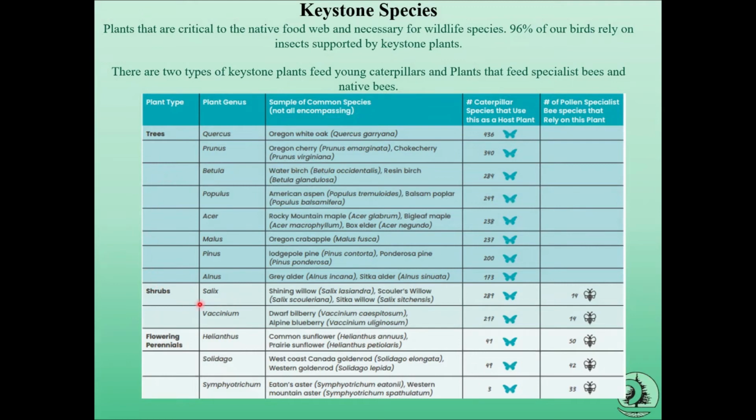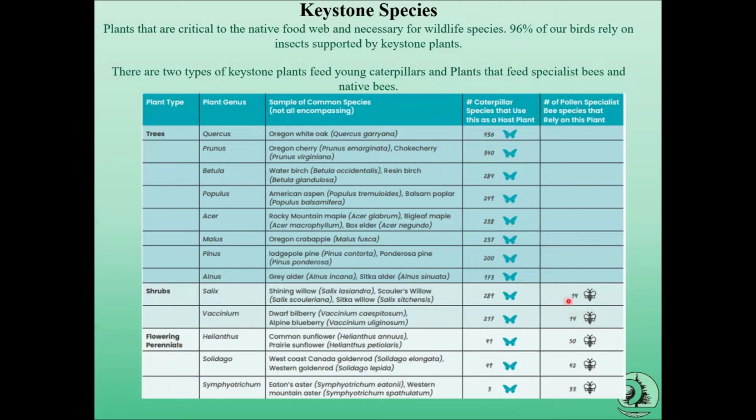And so Salix, take the Salix species right here, all the willows, okay? And right here, I'm sorry, I can't read that. I think it's 289. I know this is really small. 289, they host that many caterpillar species that use this plant. And so that's what you want to go for.